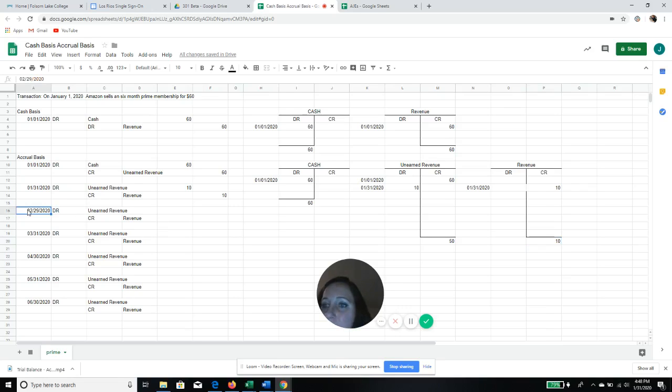At the end of February, we're going to do the exact same thing. Amazon recognizes another $10 of revenue and reduces their liability by the same $10. Let's put our dates in here, and in our T account, we'll put 10 and 10.